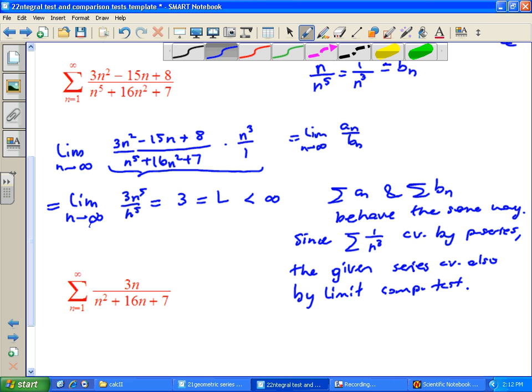Could you quickly finish that one? We've already mentioned what the answer will be. It'll be divergent. But go ahead and pick your b sub n and do the ratio thing.